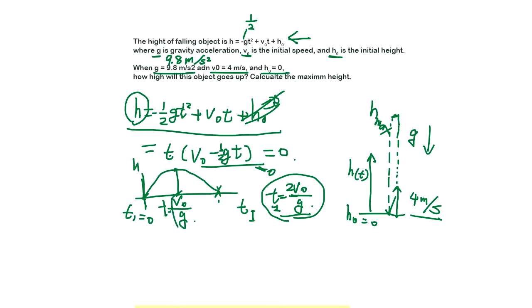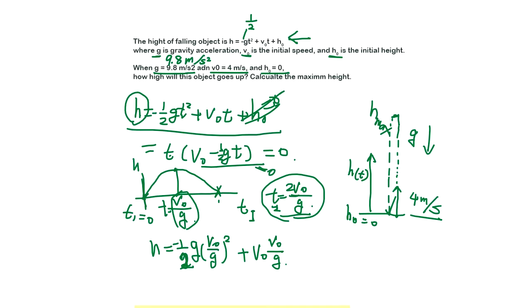So you plug this into this equation, then h equals minus g over 2g, I'm sorry, and v0 over g squared plus v0 times v0 over g.